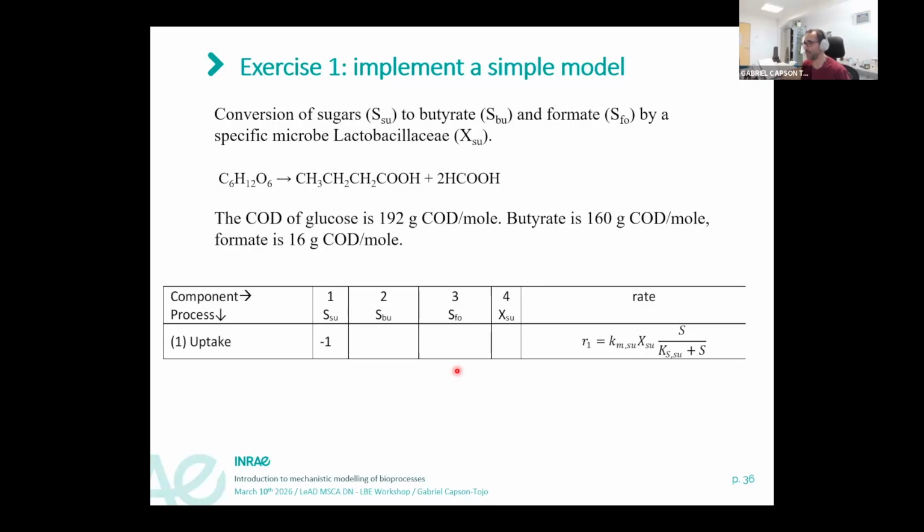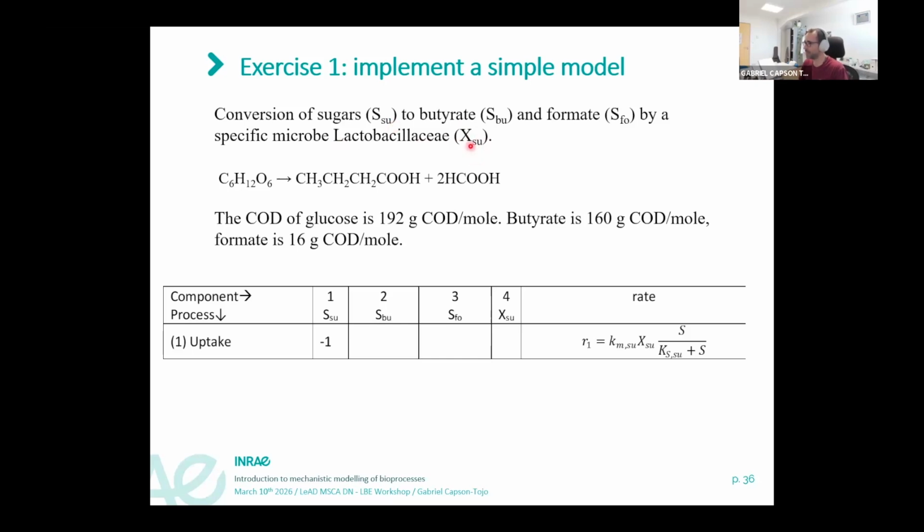So the reaction that we have here is the conversion of sugars. So soluble sugars, S for solubles and SU for sugars, into butyrate and formate. So both are soluble, S_BU and S_FO, by a biomass that we're going to call X_SU, because it consumes SU sugars. Generally, we do that.